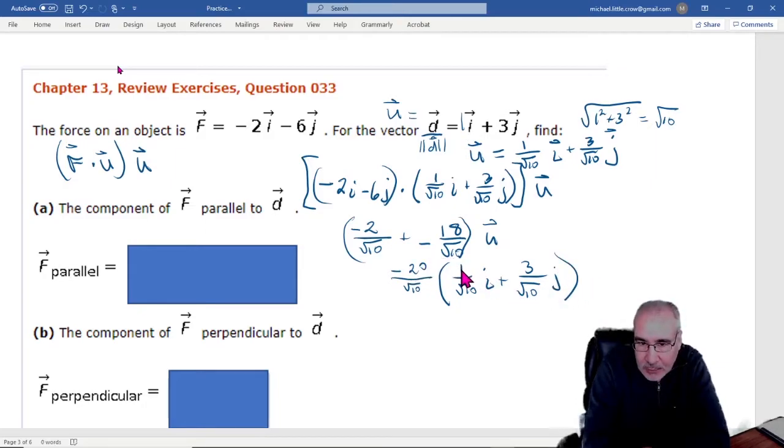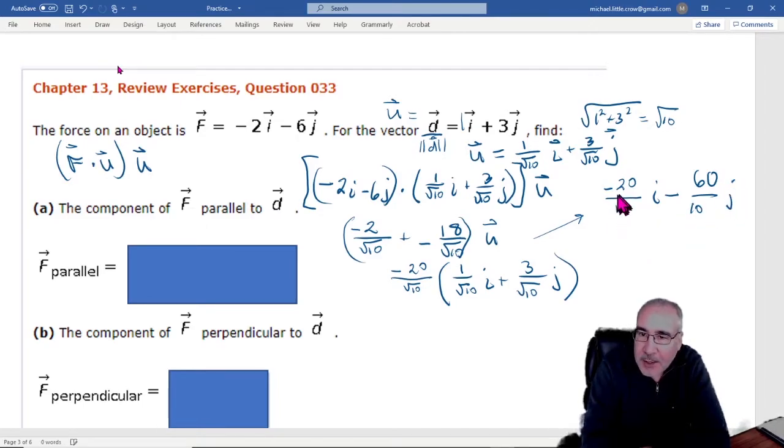So negative 20 times 1 is negative 20, over square root of 10 times square root of 10, square root of 100, which is 10. And then negative 20 times 3 is negative 60, again over square root of 10 times square root of 10, which is 10.